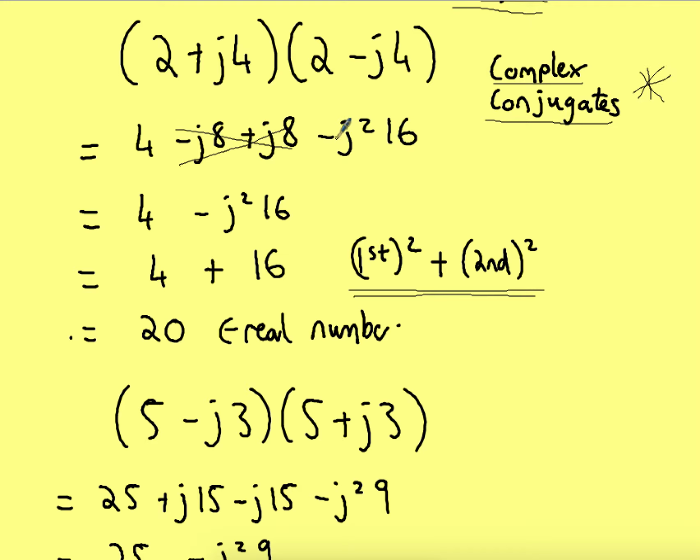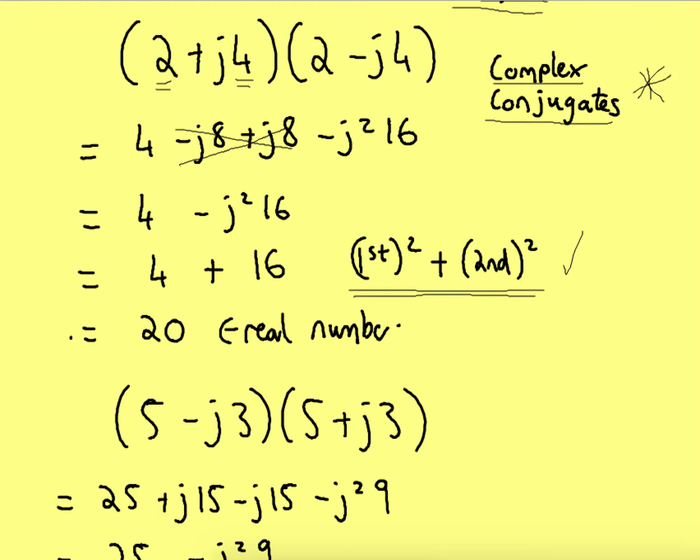We know that this here changes to a plus, so that's why it's always the first squared plus the second squared, just like I've put here. And that makes dividing by complex numbers a little bit easier.